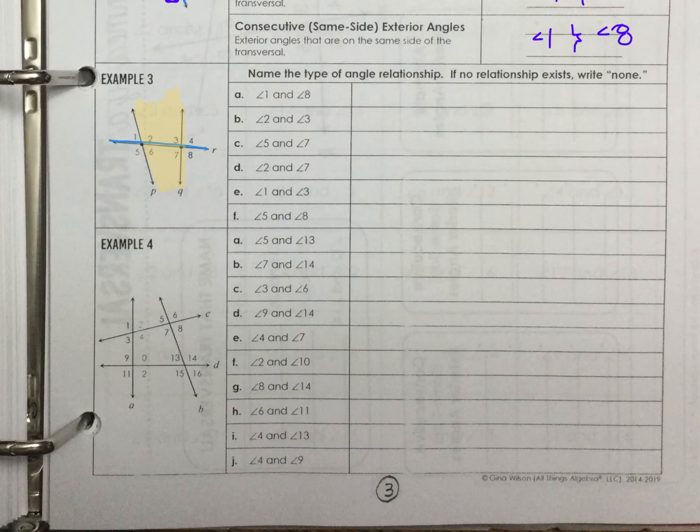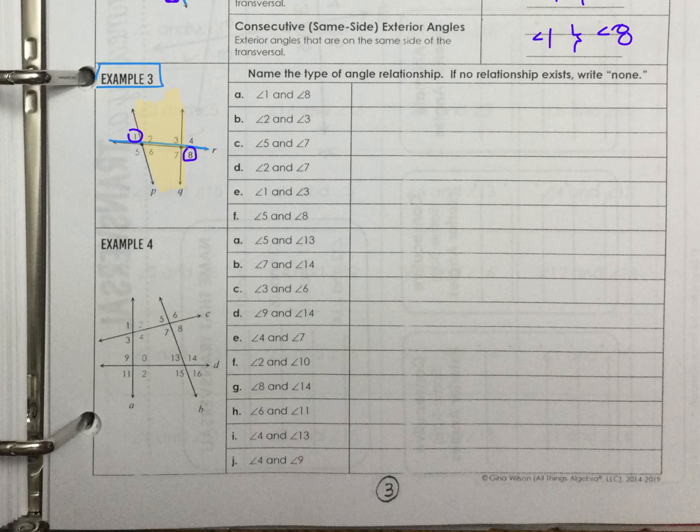All right. For example 3, I've labeled the transversal and the interior angles. I want you to look at the relationship, like the first one says 1 and 8, and figure out which one of the 5 it is.